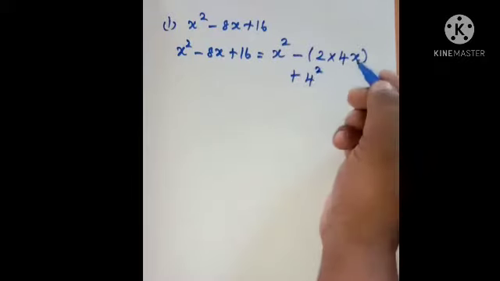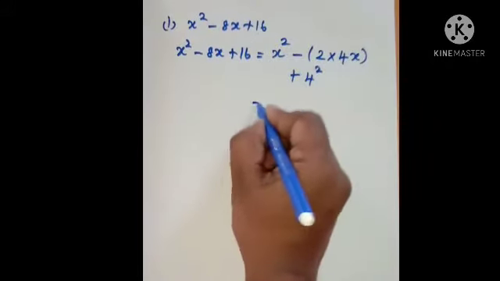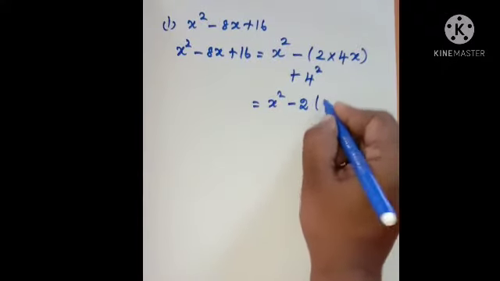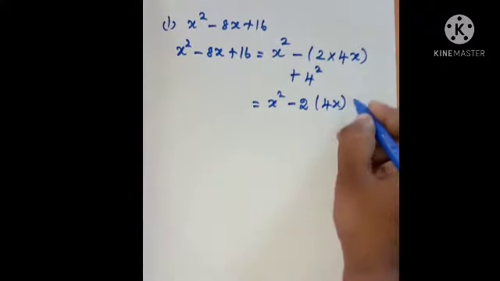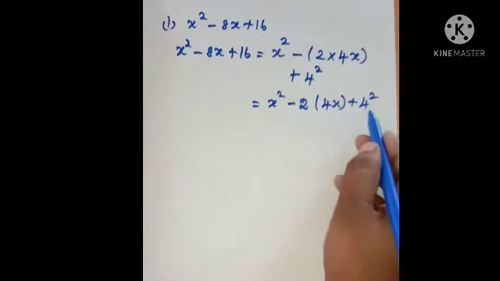That is, 4 square is equal to 16. Here see the expression: x square minus 2 into 4x plus 4 square.